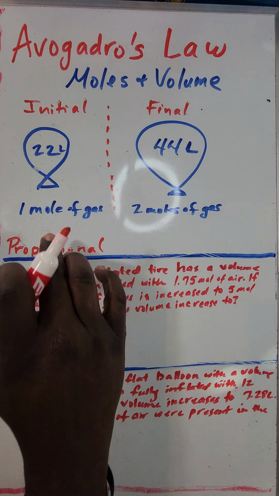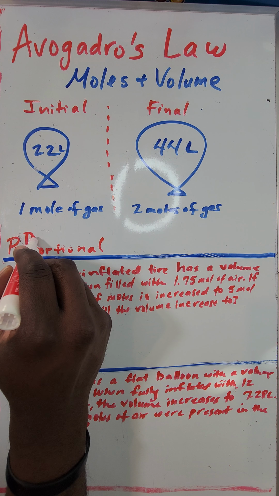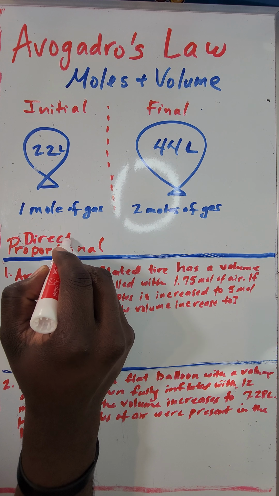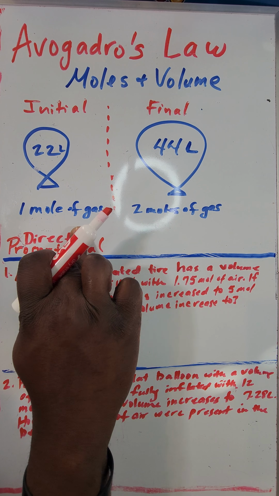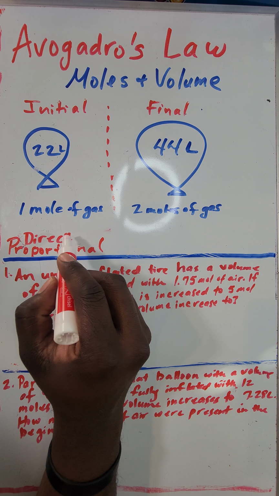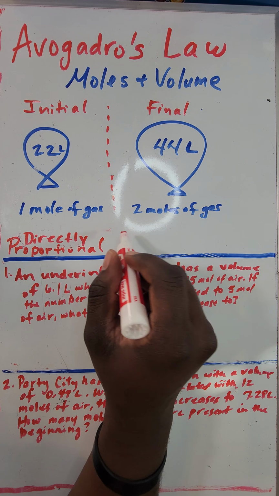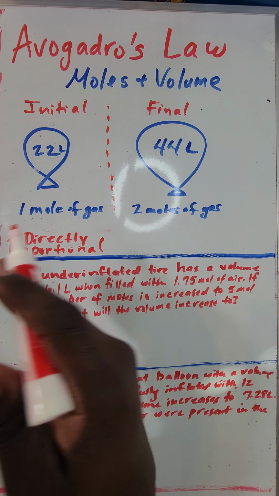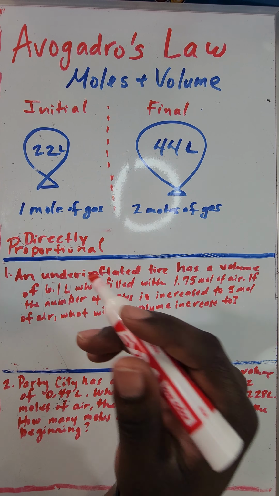Because they both increased together, we say that it is directly proportional, which means that they'll both increase or decrease together at the same ratio. This was a multiple of 2, so that would be a multiple of 2.